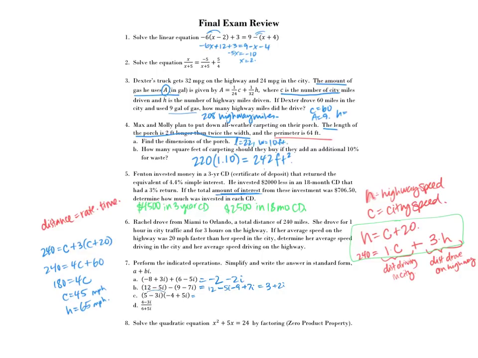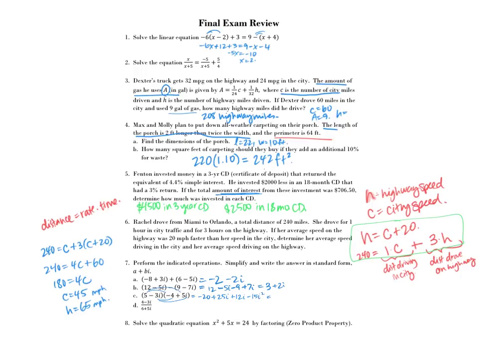Okay, on this one, I need to distribute everything out. So I'll distribute that 5 across here, and then I'll distribute that minus 3i across here. So I'll get 5 times negative 4 is negative 20. 5 times 5i is plus 25i. Negative 3i times negative 4 is plus 12i. And negative 3i times positive 5i is going to be negative 15i squared.